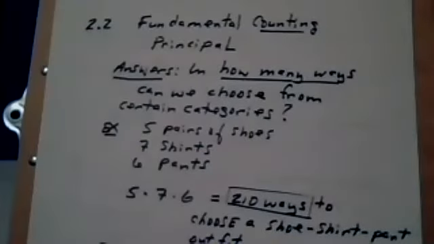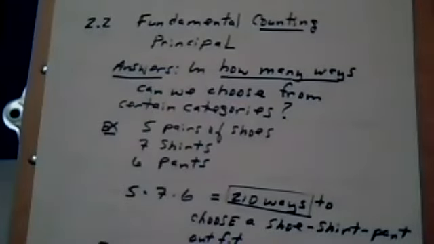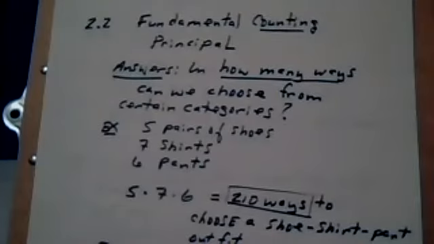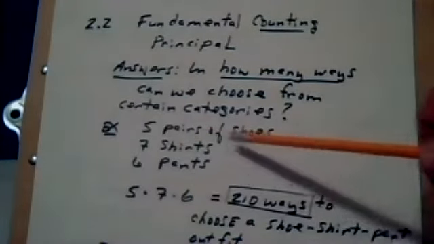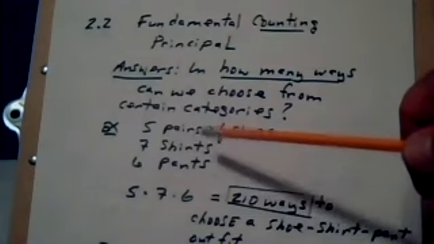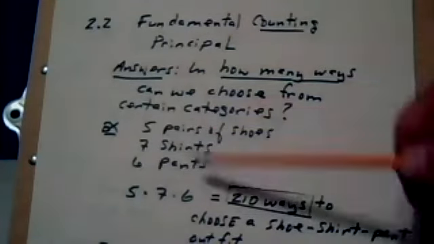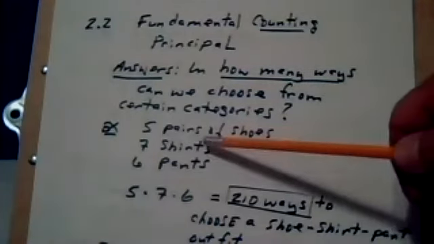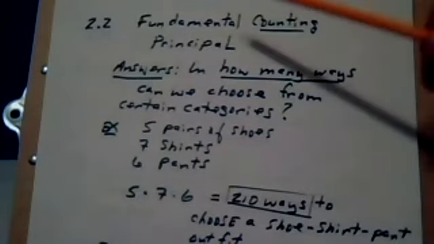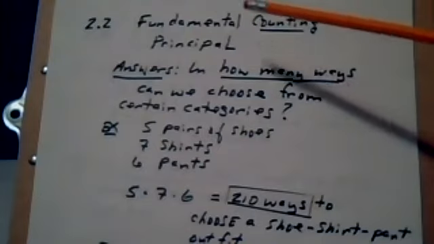The fundamental counting principle, this one answers many questions. Here's one of them: in how many ways can we choose from certain categories? Suppose I had 5 pairs of shoes, 7 shirts, and 6 pants. In how many ways can I get an outfit using each of these categories? Well, the fundamental counting principle involves steps.